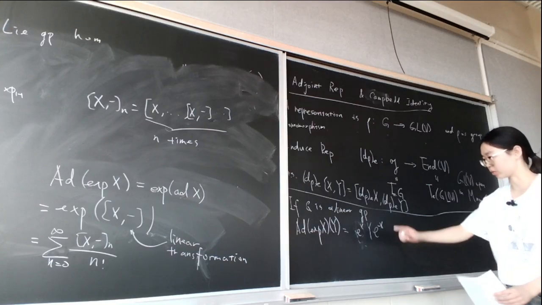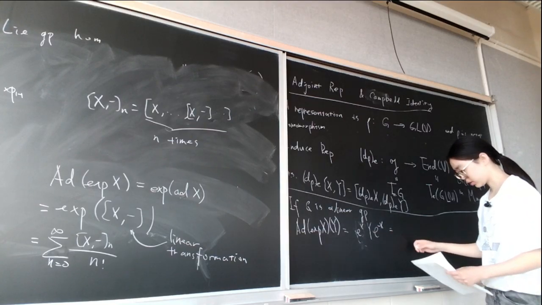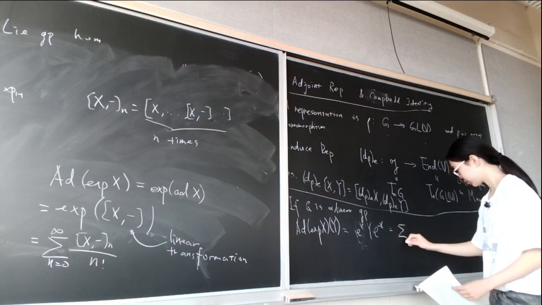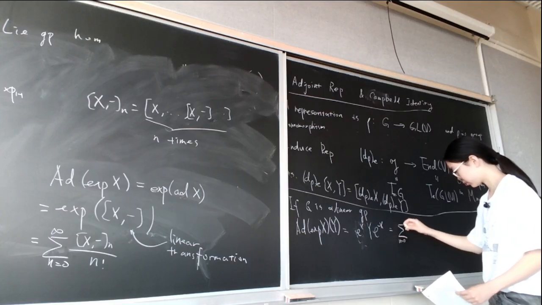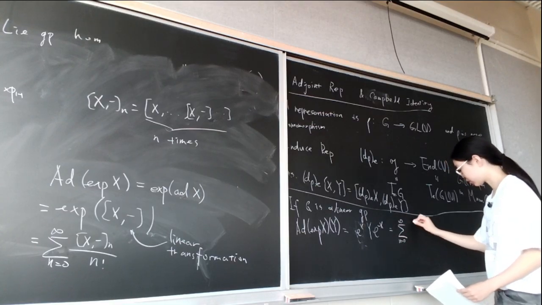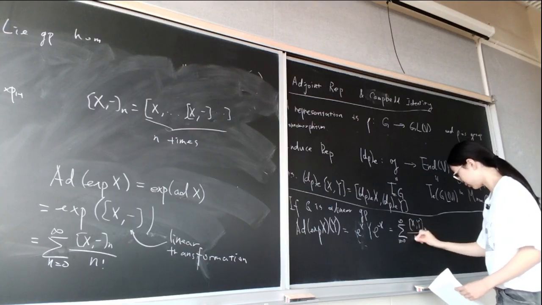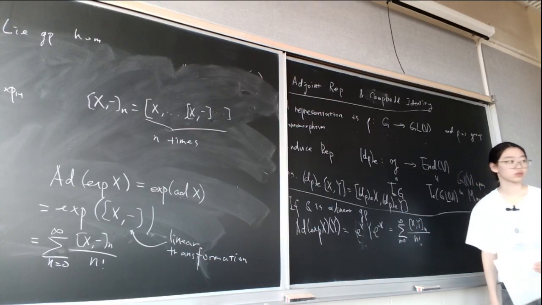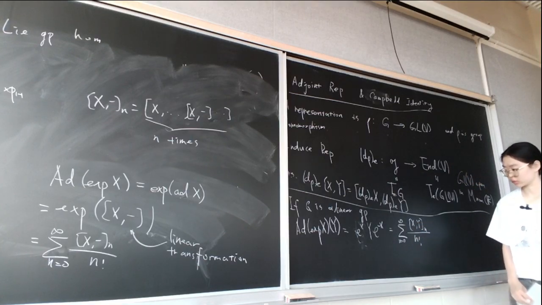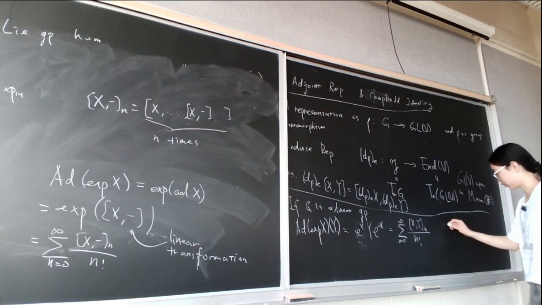So for matrices, this is equal to the following. And this is called the Campbell identity.